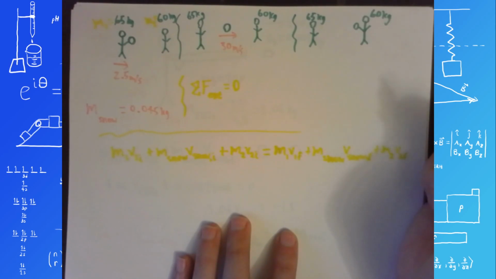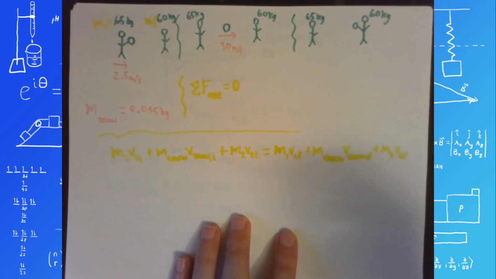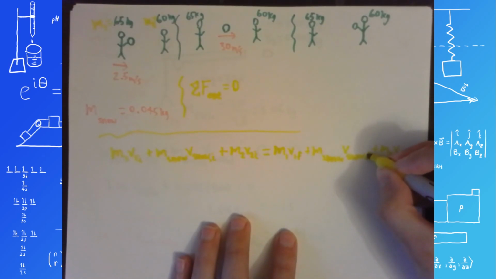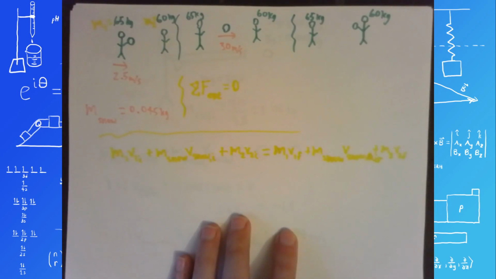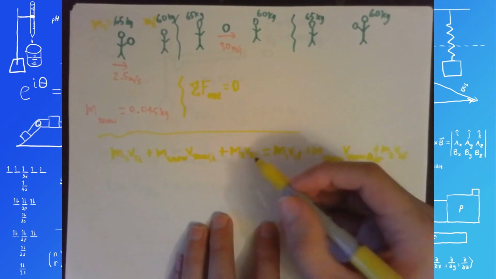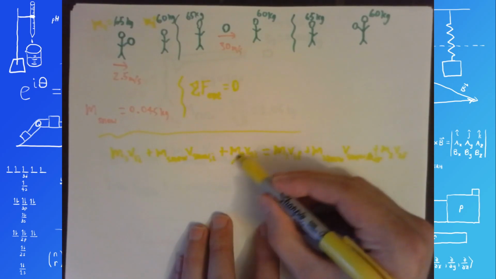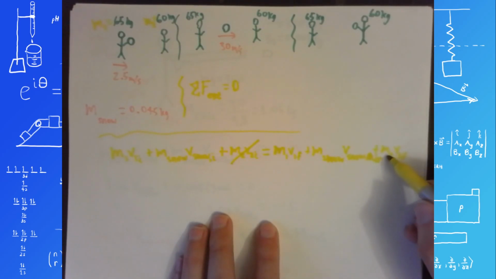Let's see. So actually, this isn't even v snow final. Final isn't the right name for it, but that's the name I'll stick with for now. Actually, you know what? I'm going to call it v air. Yeah, v snow air while it's in the air before it gets caught by the second person. So whatever v2 initial is, it doesn't even matter.